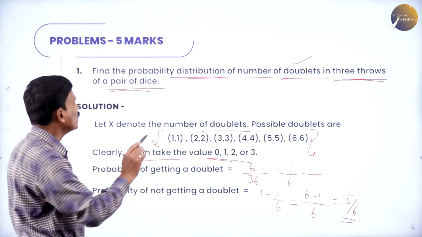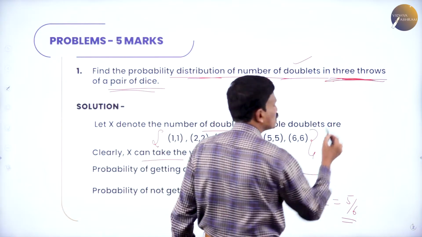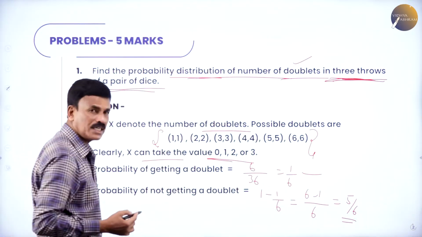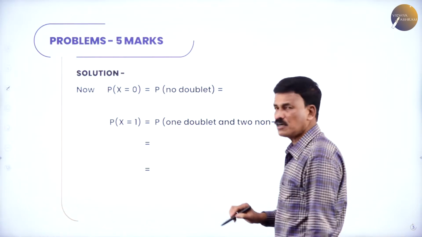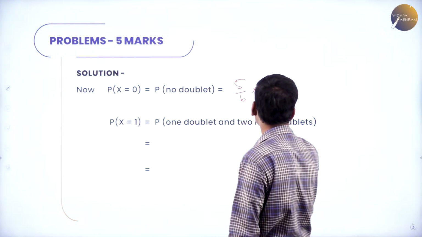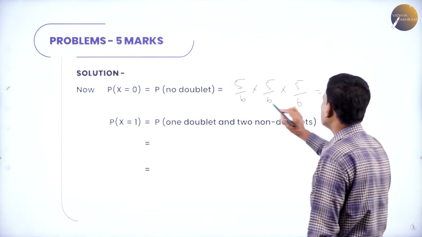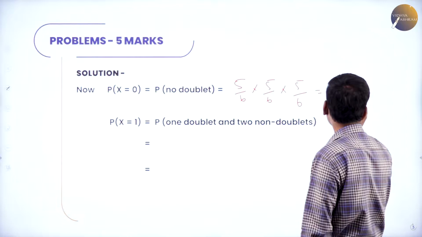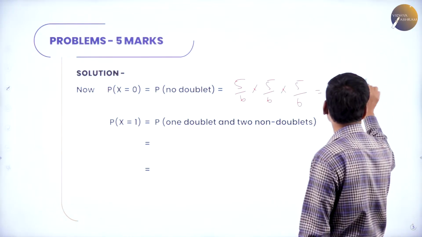What is required is the probability distribution of the number of doublets in 3 throws. So we are using 3 throws. Therefore, the probability of not getting a doublet is P of x is equal to 0. That is 5 by 6 into 5 by 6 into 5 by 6. 6 times 6 is 36, 36 into 6 is 216, 5 into 5 is 25, into 5 is 125.